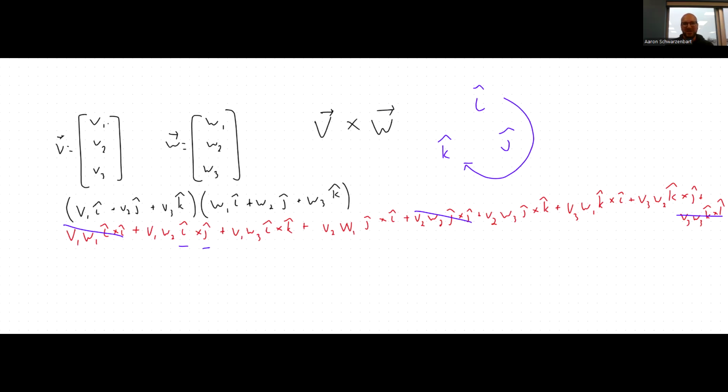So I've got i cross j and that's k. So V1W2 k hat plus V1W3, i cross k is going to go this way. So that's positive j. No, that's negative j. So for the negative, I'm just going to put it in front. Okay, that makes sense. Negative j hat.